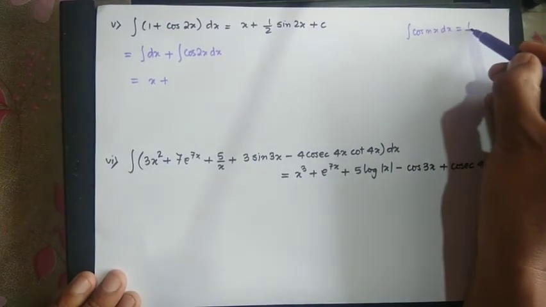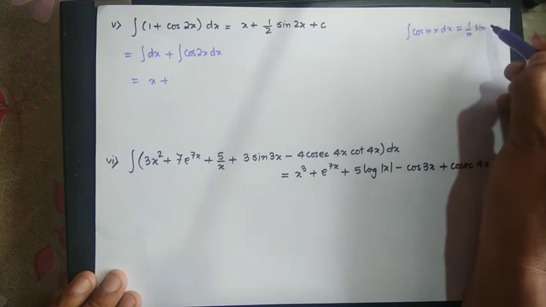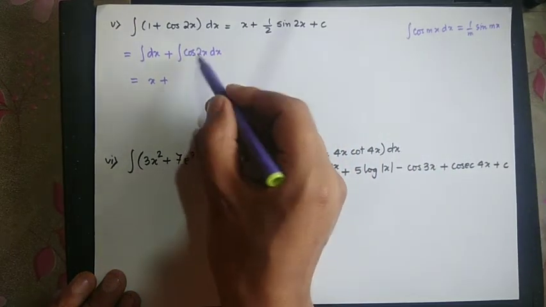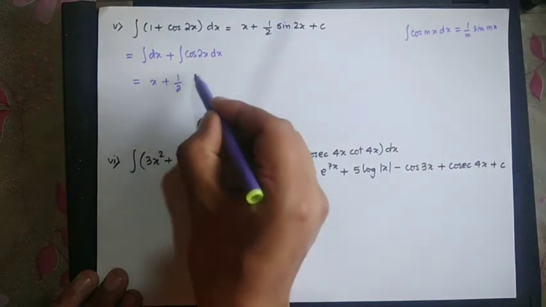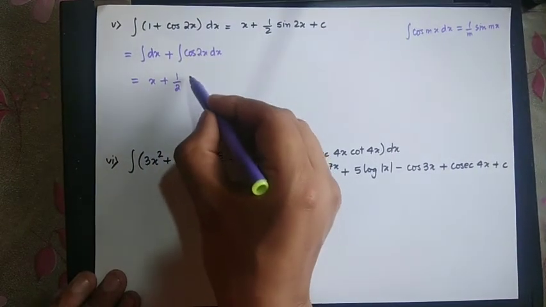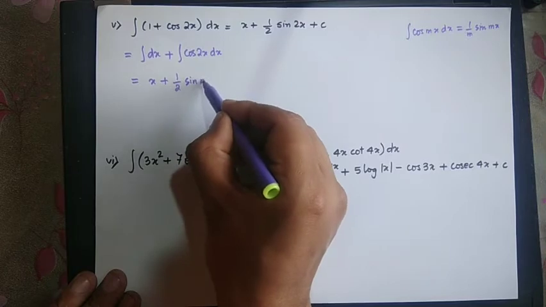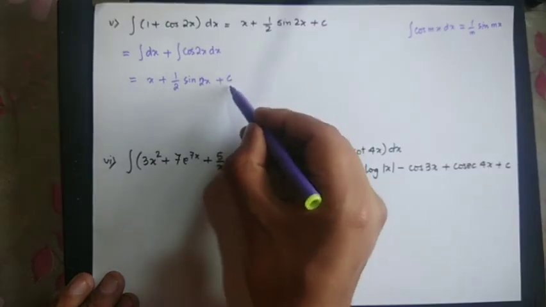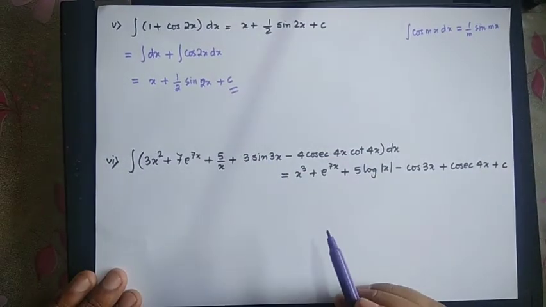It is 1 by m sine mx. So if I put that formula, my value for m is 2, so it will be 1 by 2, and the integral of cos will be sine mx. M is 2 here, so sine 2x plus constant of integration, which is c. So this is our answer, which is directly based on our direct formula.